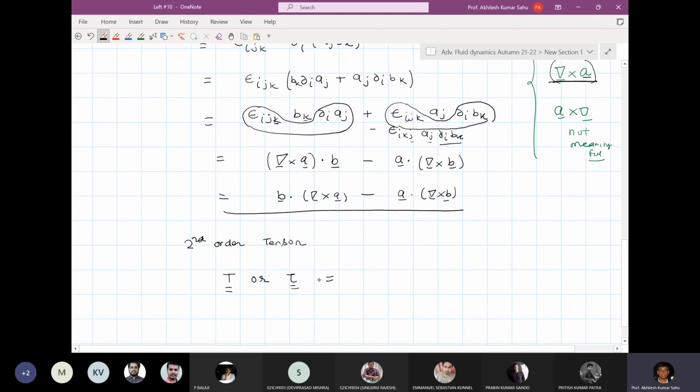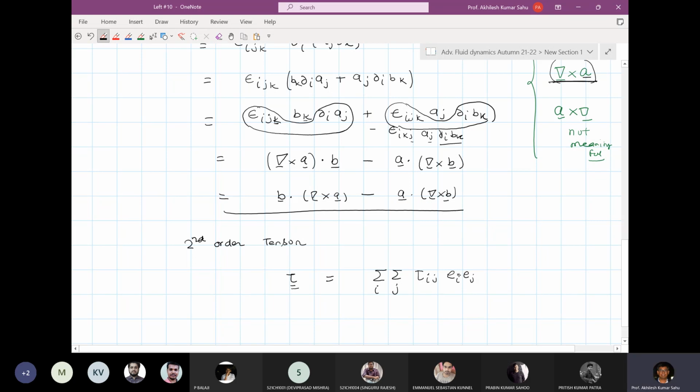In vectors there will be just one bar or one arrow. In second order tensor there will be two, and in index notation we write summation over ij of tau ij and then ei ej.